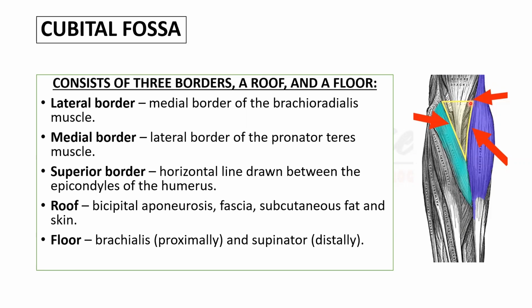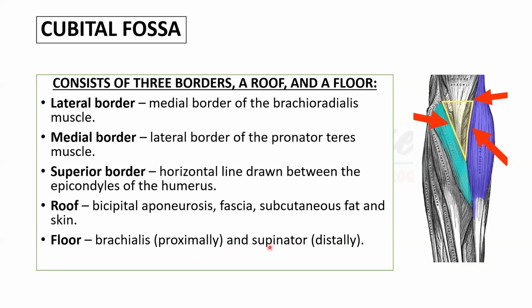Now, talking about the roof, what are the things upon it? We have the bicipital aponeurosis, we have fascia, subcutaneous fat, and lastly we have skin. So that is the roof. And what makes the floor? You can see over here: the brachialis muscle proximally, as well as the supinator muscle distally.